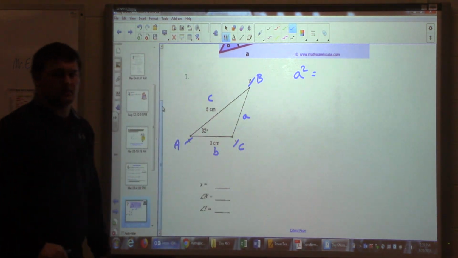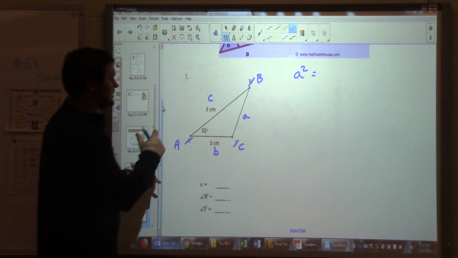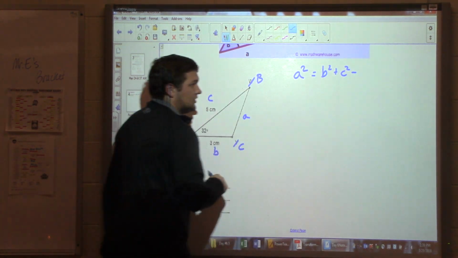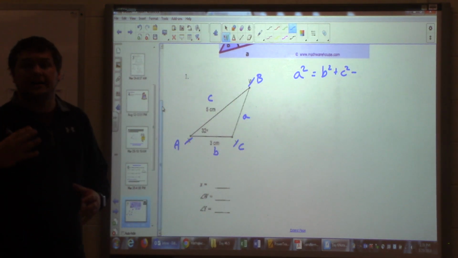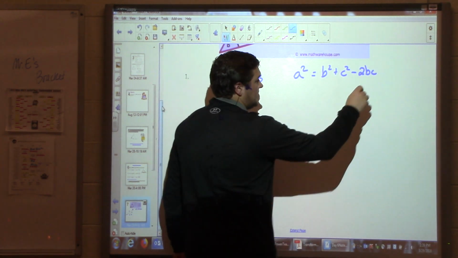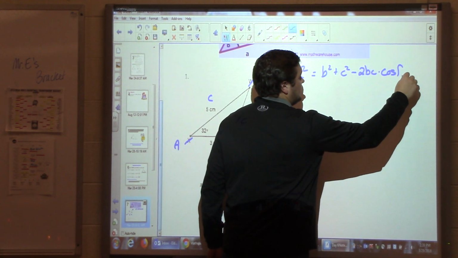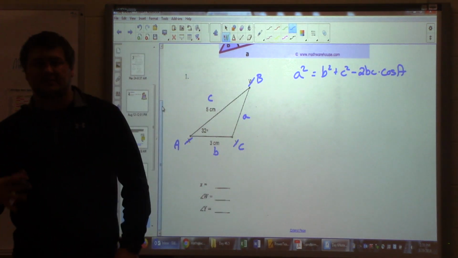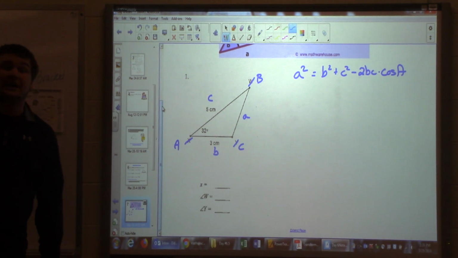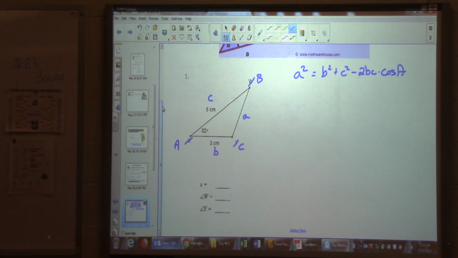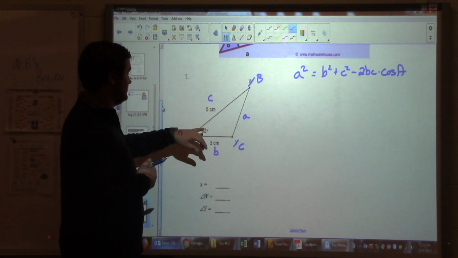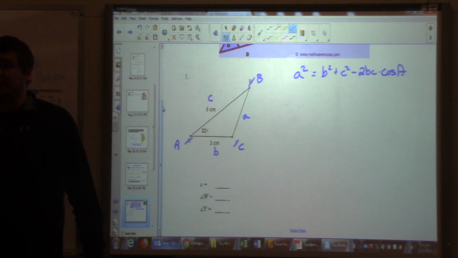I'm going to solve for A. A squared equals, I'm going to take the other 2 sides and square them: B squared plus C squared, minus 2 times the other 2 sides, so 2 times B times C times the cosine of the angle across from the side I want, or the cosine of angle A. I know side B, I know side C, and I know angle A. So I'm going to take those 3 things and plug them into my formula.